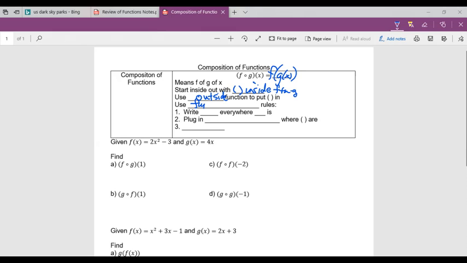We're going to use our function notation rules to make this work. So we're going to write parentheses everywhere x is. We're going to plug in the value or expression, and most of the time it's going to be an expression, where the parentheses are, and then again we're going to simplify. Sometimes we'll be able to simplify, sometimes we won't.